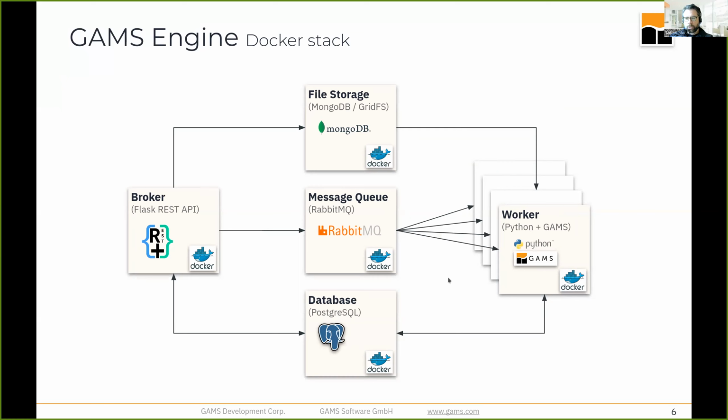The workers will pull the required data for the jobs from a MongoDB database, so data goes from the MongoDB database into the workers so they can solve the job. Then the results are placed in a PostgreSQL database, and from there they can be downloaded via the REST API again.